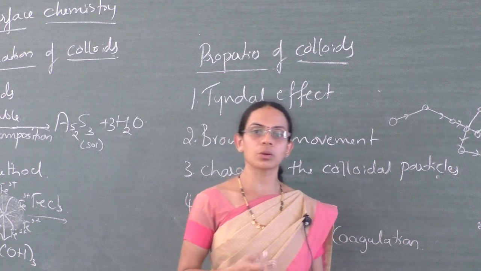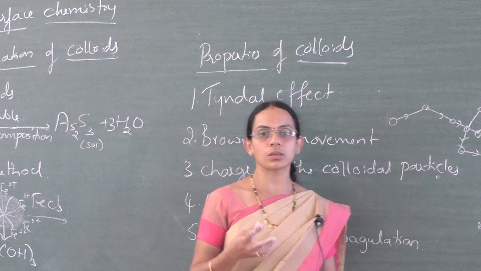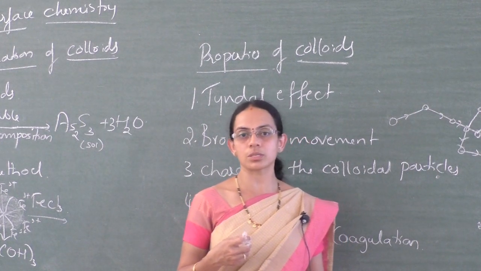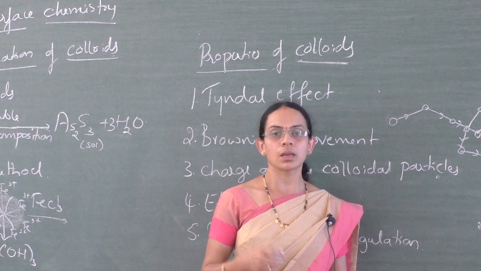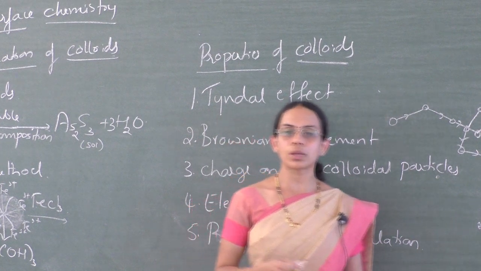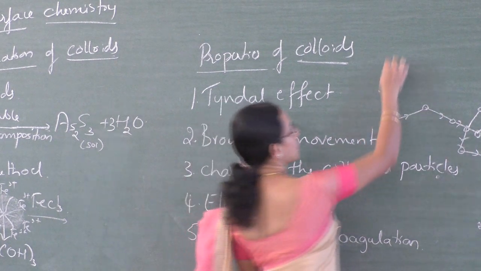That is important because the smoke or arsenic compounds are the main pollutants, right? So we have to remove the charged particles present on the smoke particles by an electrical precipitator. And in medicine also we find many applications of colloids. For example, eye lotion, one of which is Argyrol.